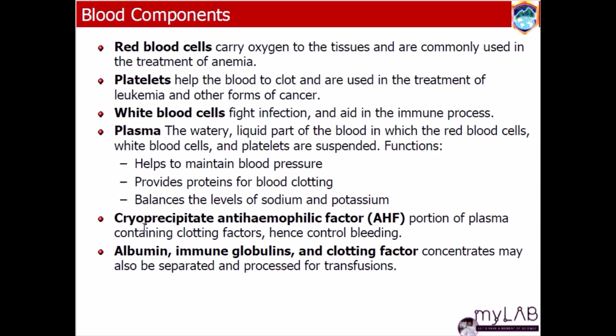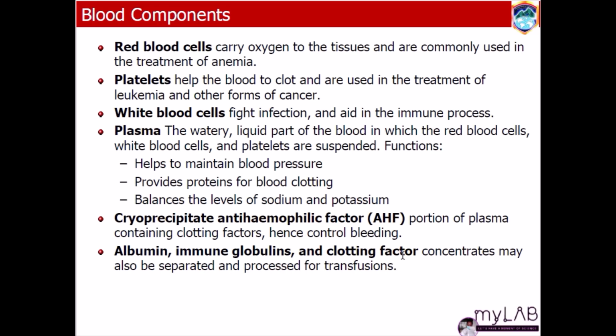Then we have cryoprecipitate, most of the time called cryoprecipitate antihemophilic factor, a portion of the blood that contains the clotting factors that can help in controlling bleeding in patients who are having bleeding issues. And then we also have albumin, immune globulins, and clotting factor concentrates.